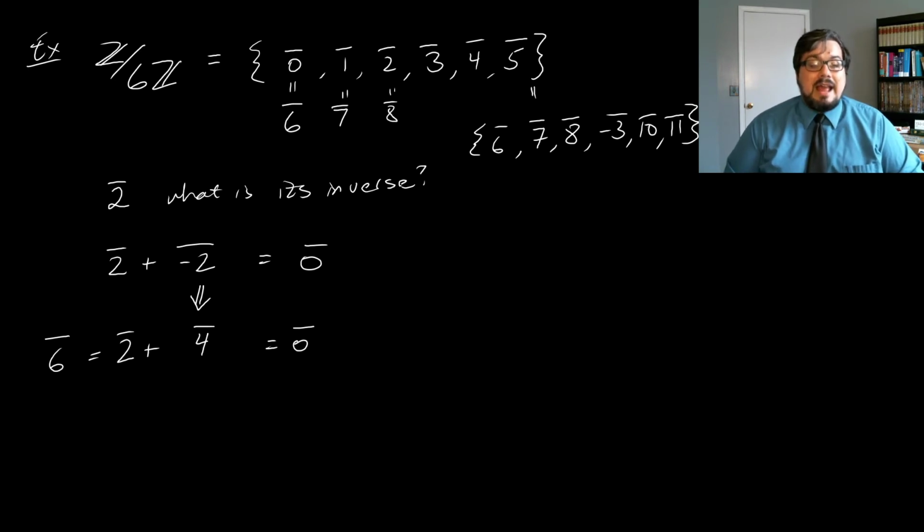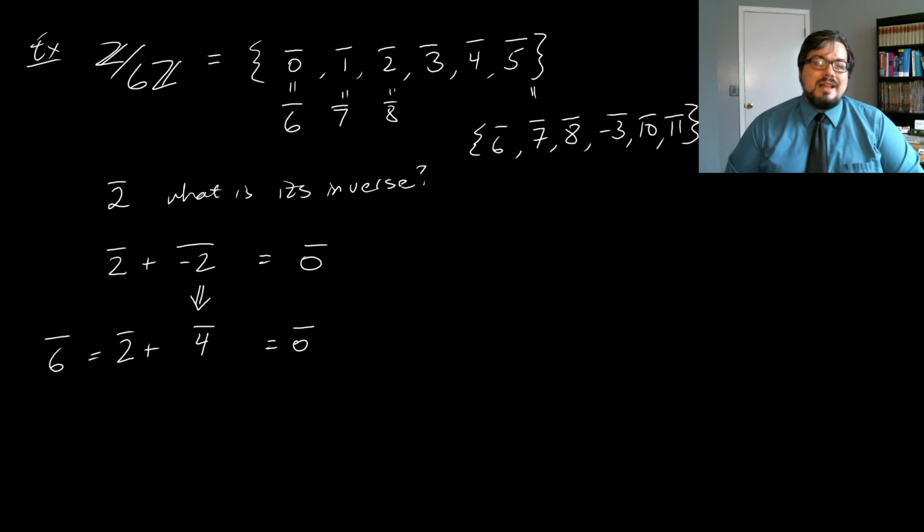In fact, any multiple of 6 belongs to the equivalence class of 0. So this is basically how we go about doing this. We will, in a little bit, develop an addition table, which can help us to understand the structure of groups that we look at.